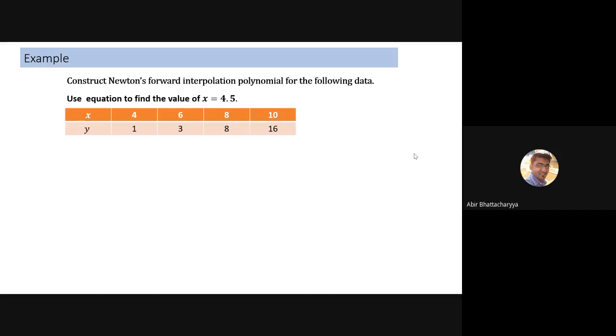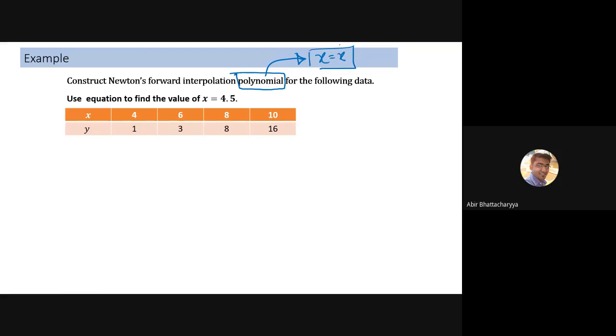Now, here we have to go for a different approach. The approach is that we have to find the polynomial. In this case, we will not choose x as a given specific value; we will choose x as x.